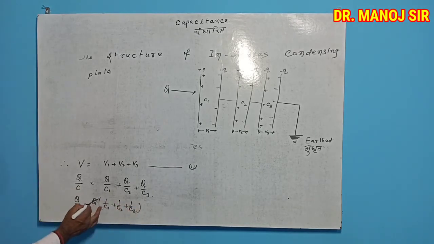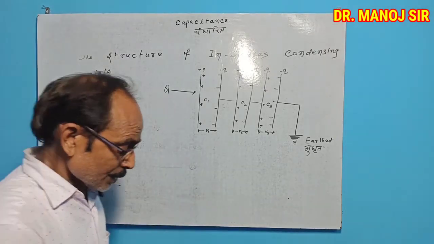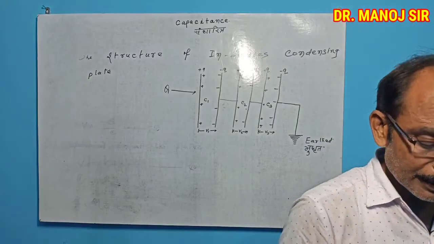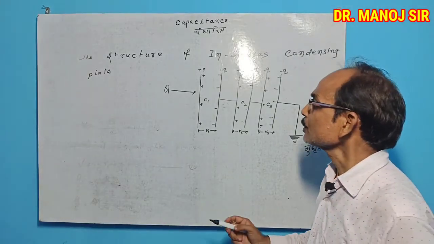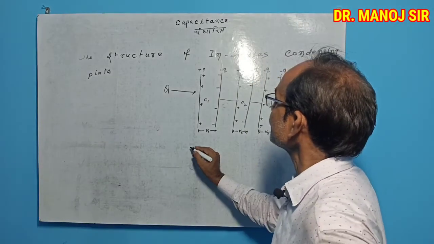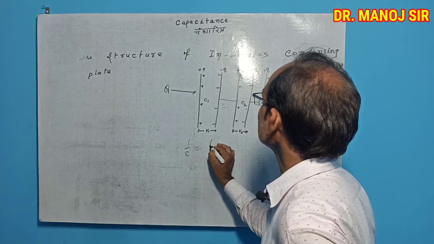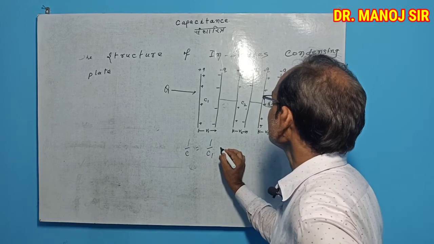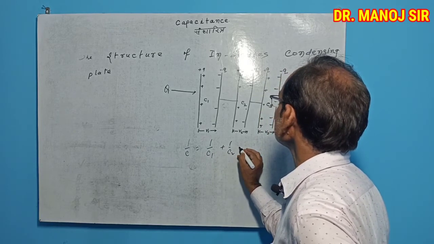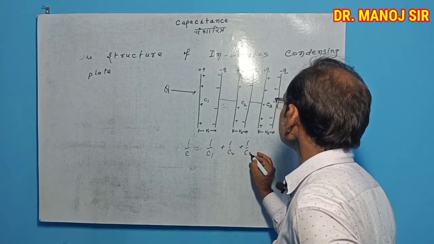Now eliminating Q from both the left and right sides, we get 1 by C equals 1 by C1 plus 1 by C2 plus 1 by C3.